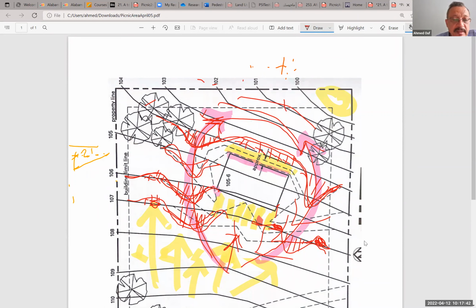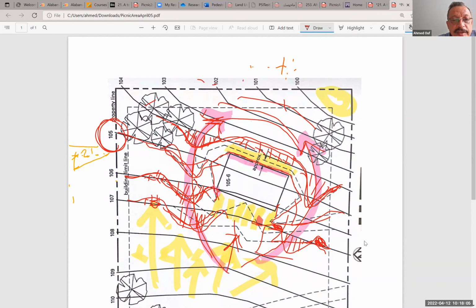When you do that, look here, do you see the dashed lines here? What happened here is they moved this whole elevation of 105. Do you see that? 105. This line goes like this.